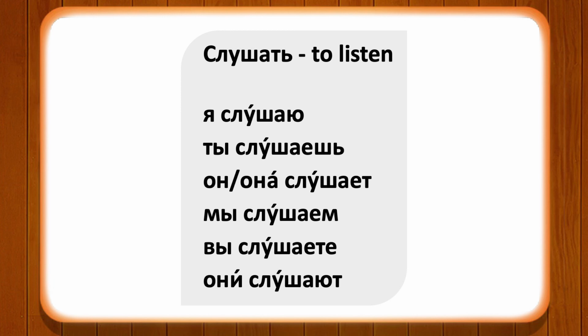Let us repeat the conjugation in present tense of the verb слушать, which means to listen. Я слушаю, ты слушаешь, он слушает, она слушает, мы слушаем, вы слушаете, они слушают.